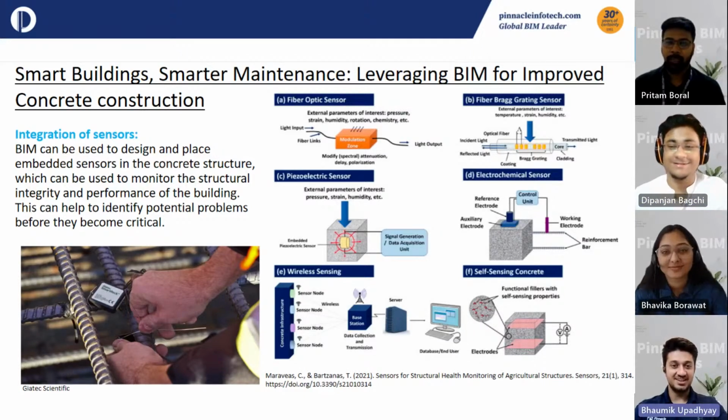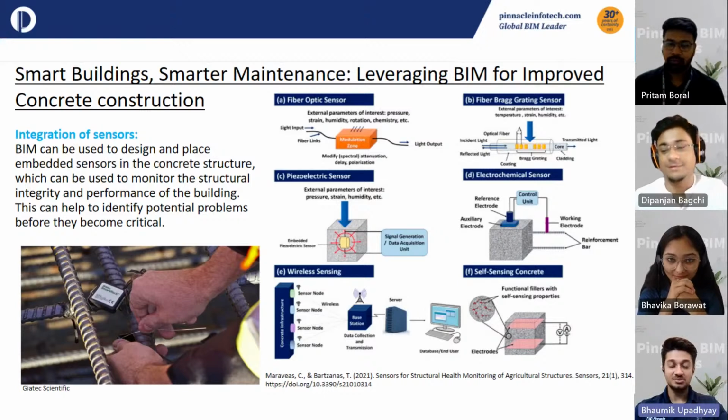Well said, Deepanjan. That is indeed a great example. That's one of the biggest advantages that we have today, and we should all start using that. Along with that benefit, I would also like to add a few others. BIM can help us select the most appropriate type of concrete efficiency sensors for any particular application.